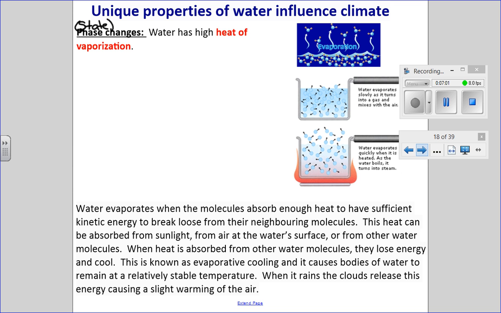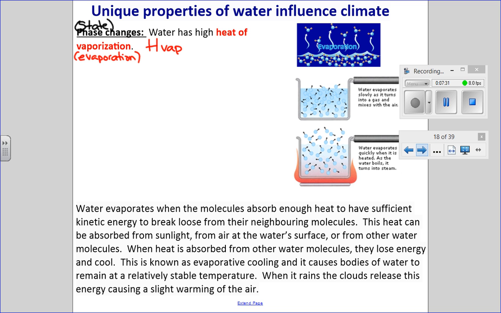Now, the first one we'll talk about is the heat of vaporization. When we do a calculation, it will be abbreviated HVAP. H for heat, VAP for vaporization. Vaporization is evaporation, which is probably the term that you use the most with water.